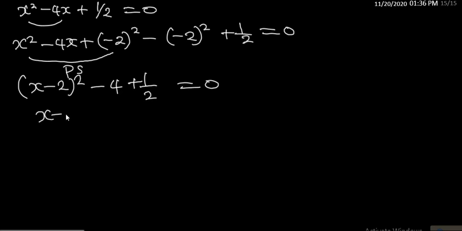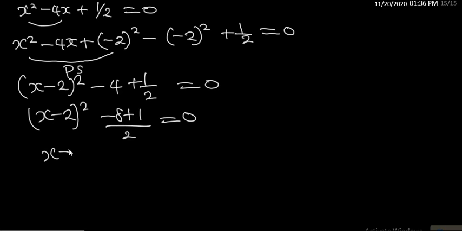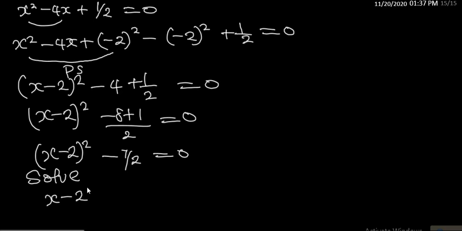So we can simplify that to give us minus 8 plus 1 all over 2 equals 0, and this will give us x minus 2 squared minus 7 over 2 equals 0. So if we solve this equation, we have x minus 2 squared equals 7 over 2.